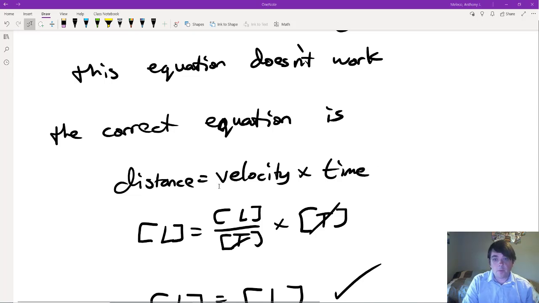Now, the other question you may have about something like this is, what about constants? Like, this doesn't tell us anything. There could be 10, right? It could be 10 times velocity times time, or 100 times velocity times time. You could have some constant there without a unit affecting it. And those constants, unfortunately, you can't figure out from this sort of system.